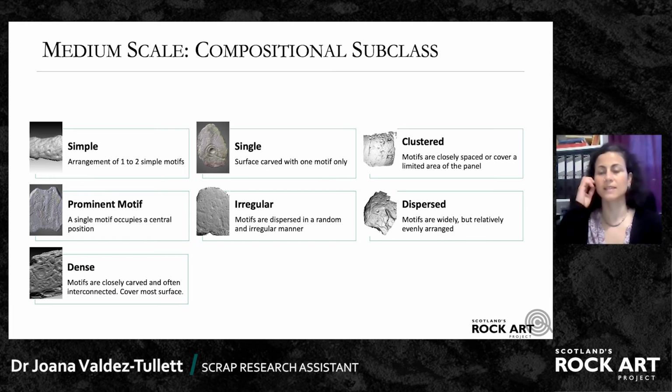So although in some cases iconography seems to be rather sophisticated, some studies have shown that there is effectively a preference for simplicity, with the rocks being carved with simple arrangements of 1 to 2 motifs. And this tendency has also been noted by other researchers like Richard Bradley for Dumfries and Galloway, for instance, and other more recent studies.